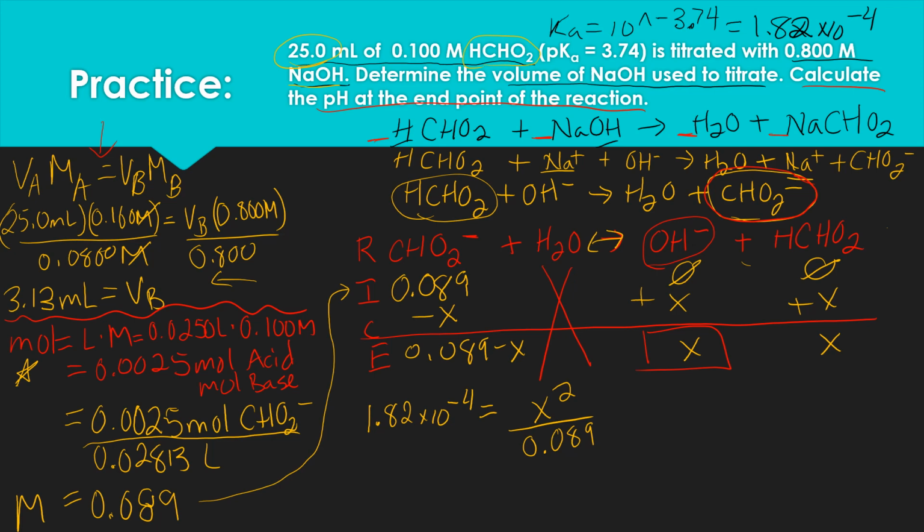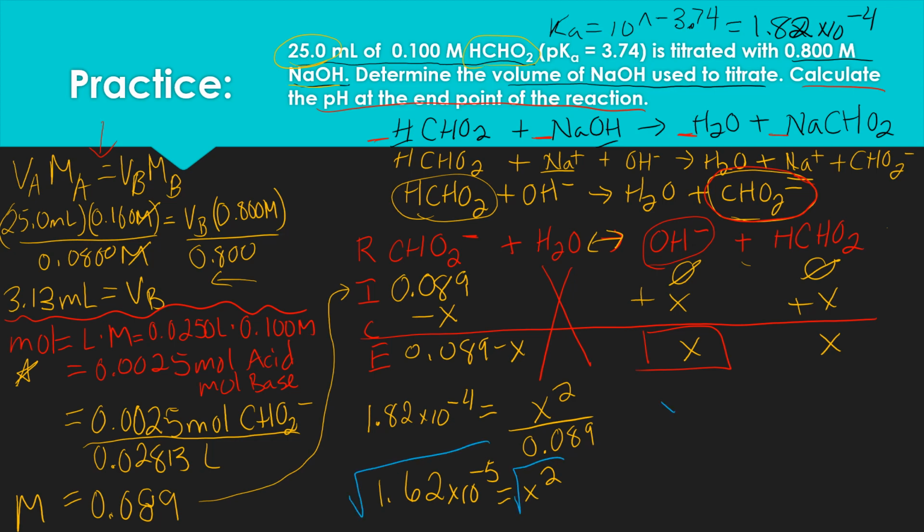All right, we want to solve for x, so we're first going to multiply by 0.089. So 1.82 times 10 to the negative fourth, we're going to multiply by 0.089. And we get 1.62 times 10 to the negative 5. And then we are going to square root both sides.